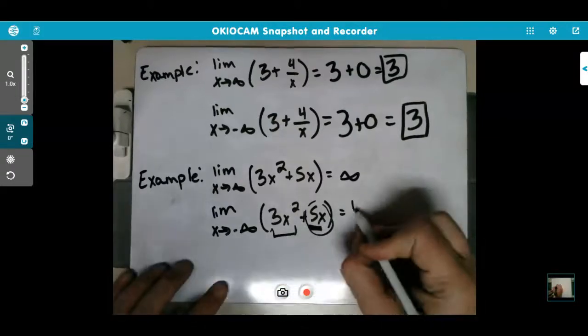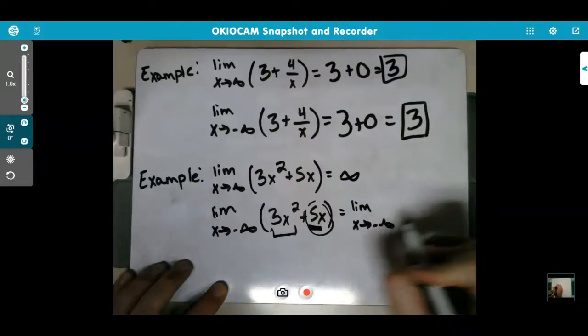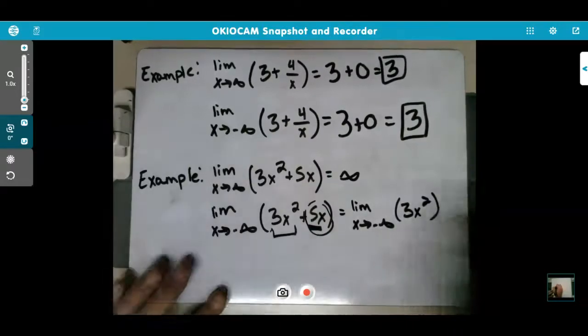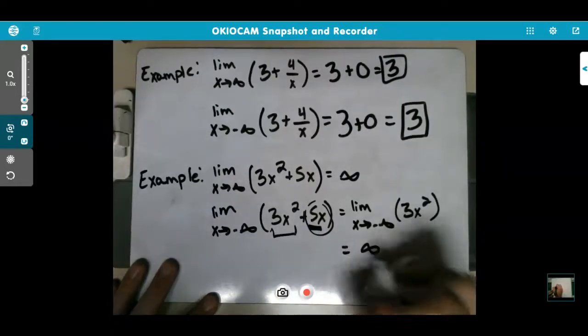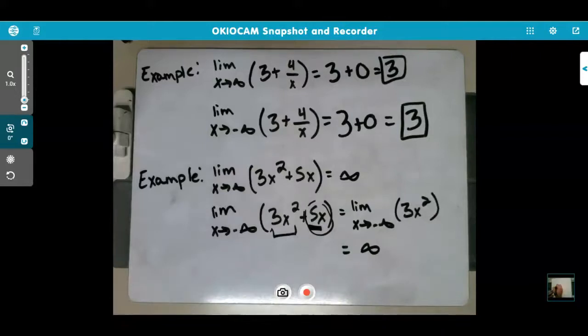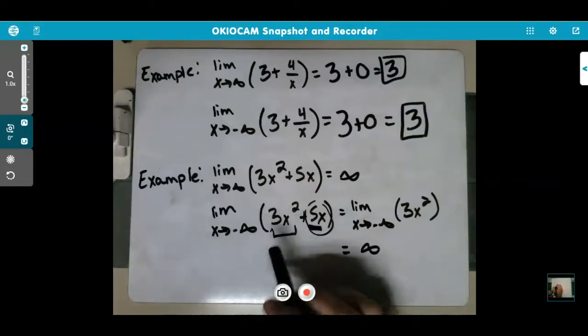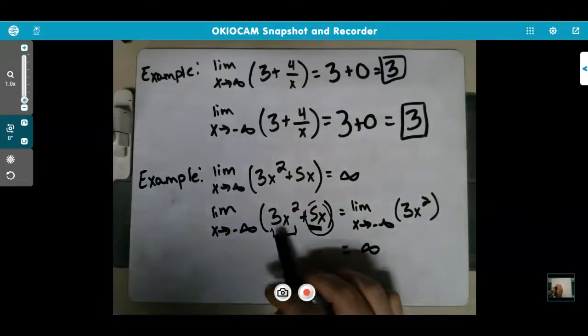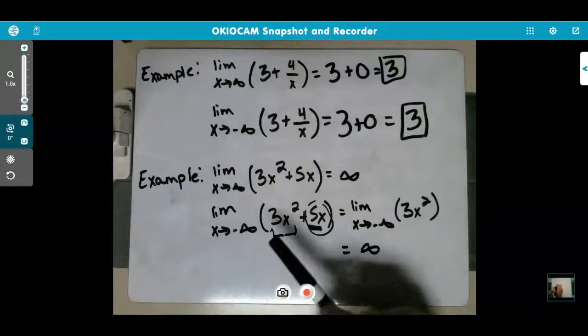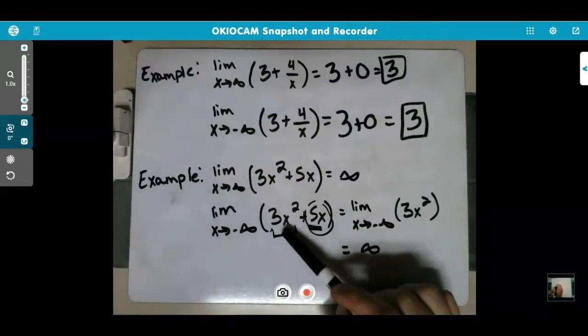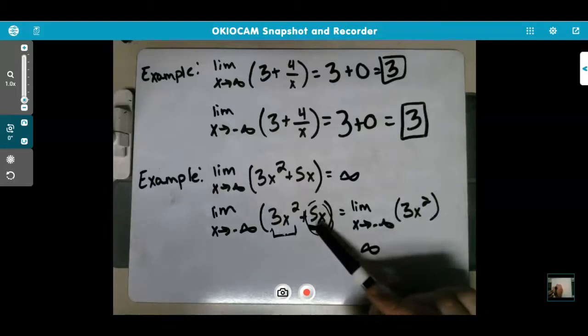If I look just at 3x squared, the x there is being squared, and so this becomes positive. Therefore, it approaches positive infinity. Again, I know it's a little strange, but if we think about this, this x squared term is going to handle a lot of what's changing because it's being squared, and so it's going to change quicker than this term right here does.